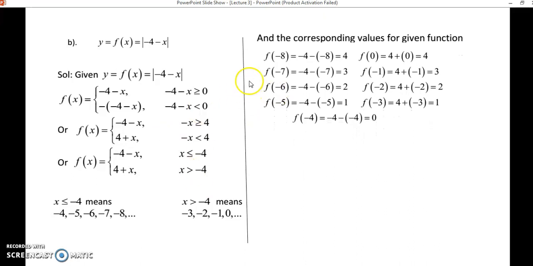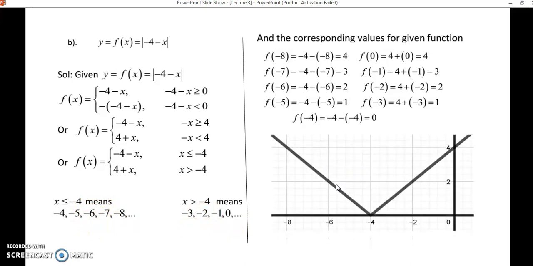Let me take my input as -8. So -8 is the part of this interval which is less than or equal to -4. So I'll be choosing this functional value, that is -4 minus x, to get my output. So likewise, you can take few points from this interval and few points from this interval.